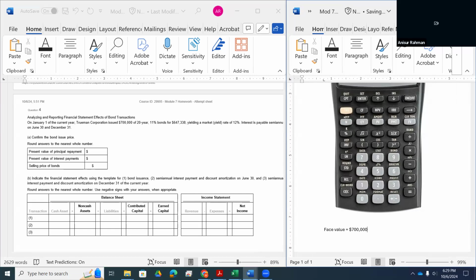So the face value of the bond is $700,000. This is the amount to be paid at the end of the maturity. For our financial calculator, we'll also use it as future value.